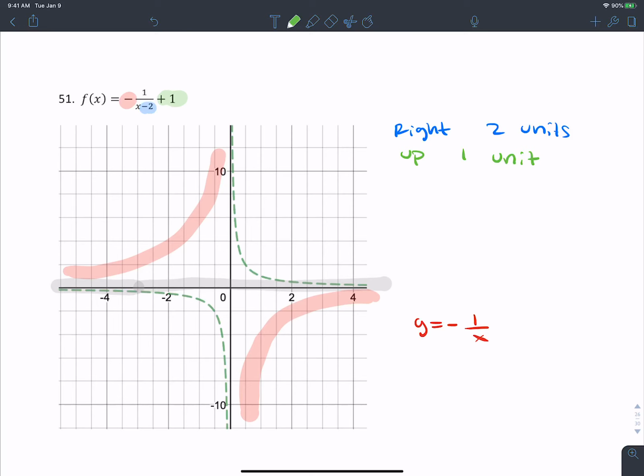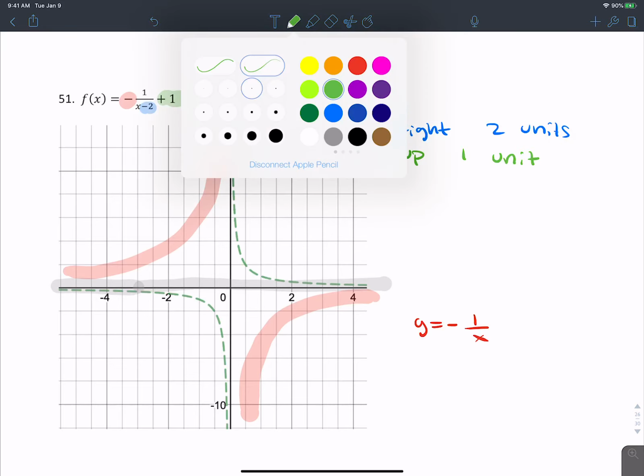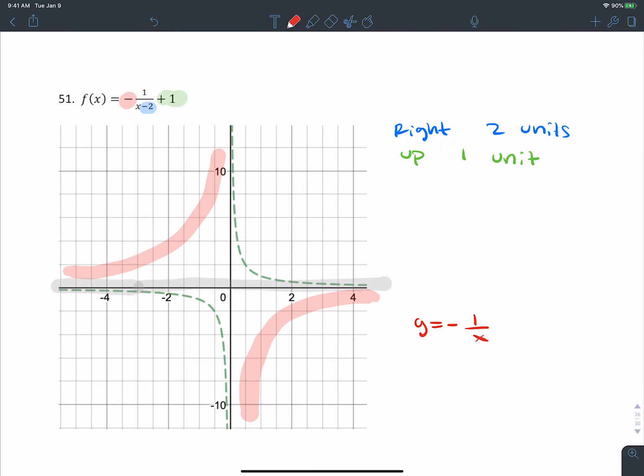Now it's helpful again for me to move my x and y axes, because I now have an imaginary set of x and y axes. And that's very good with sketching. This is kind of like a guideline, since there's no real reference point. If we move up 1 unit, that means you're really moving the x-axis up 1 unit.